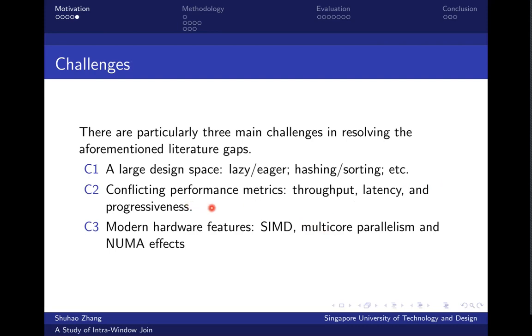Those metrics meet different application demands and can sometimes conflict with each other. And third, modern hardware features such as SIMD, multicore parallelism, and NUMA are bringing further questions in the competition of different algorithms.